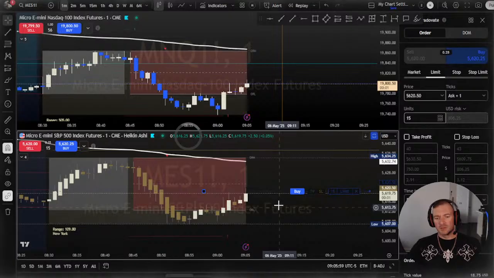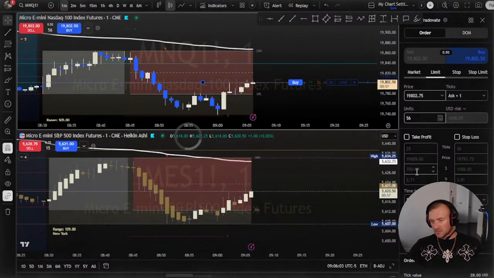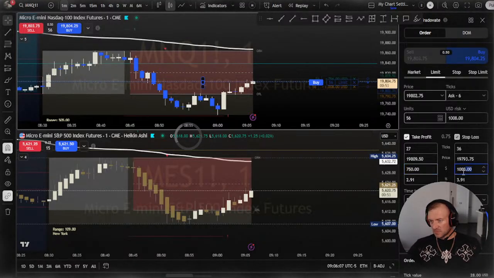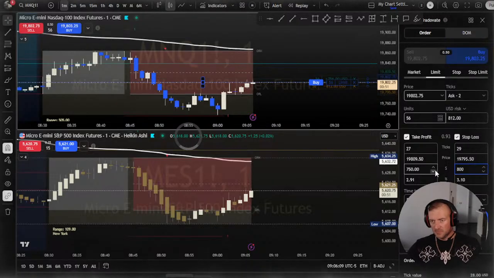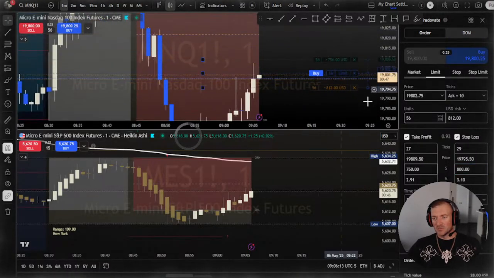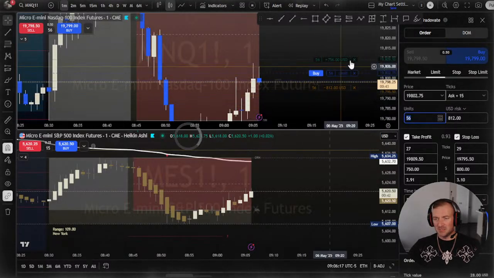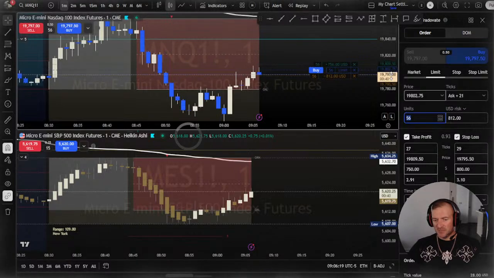But on here, 750 and 800, it's a much smaller move. Why is it saying 56 units? I mean, I could do up to 60 on this account. Wait, is that right?